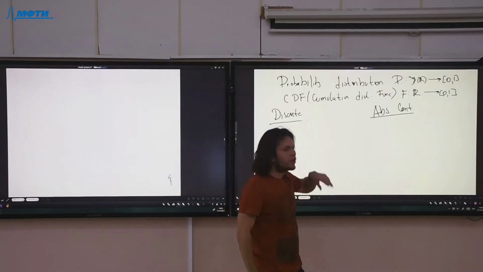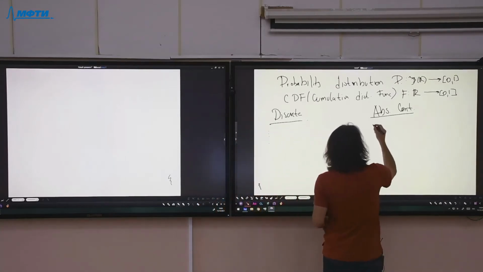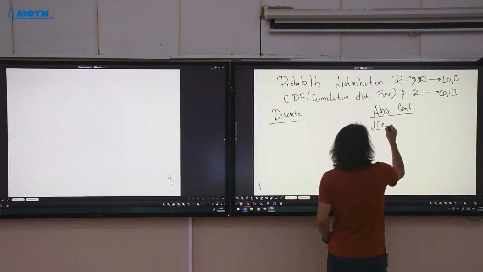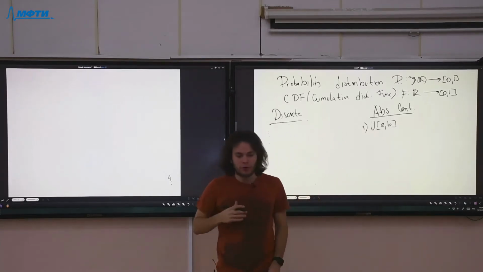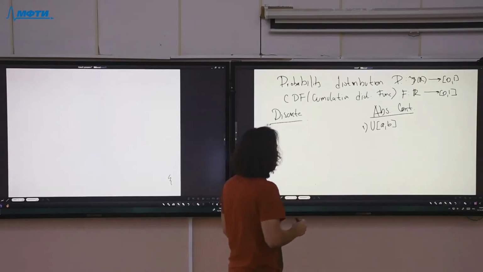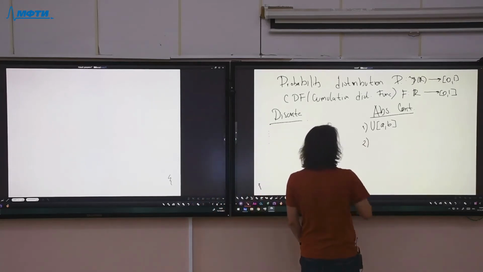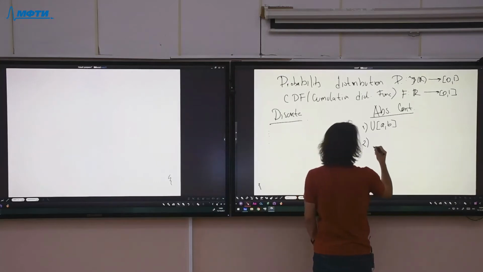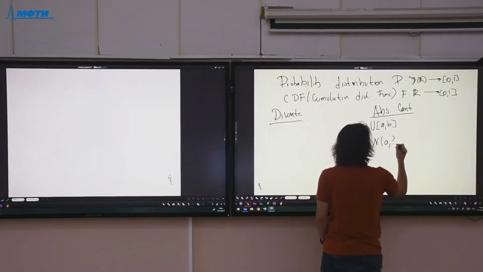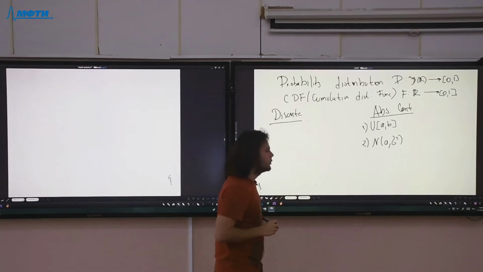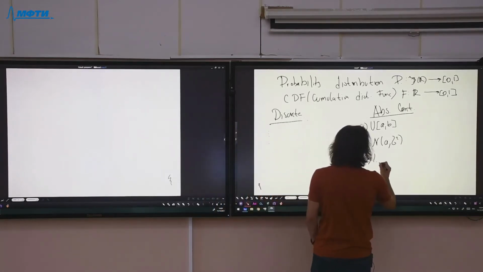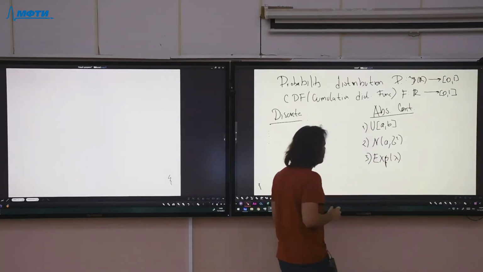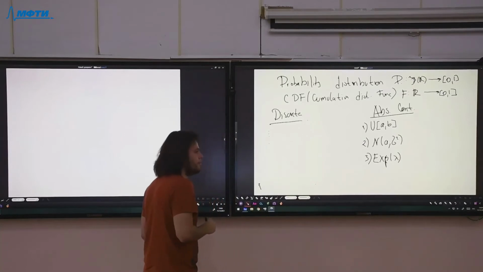For the absolutely continuous, we know now that we have the uniform distribution on AB, for example, right? We also have the normal distribution with parameters A and sigma squared, right? We also have the exponential distribution with parameter lambda, and what else do we have?